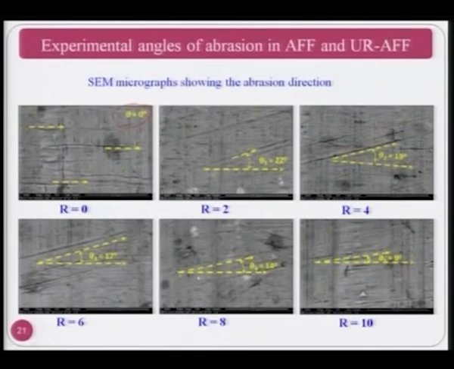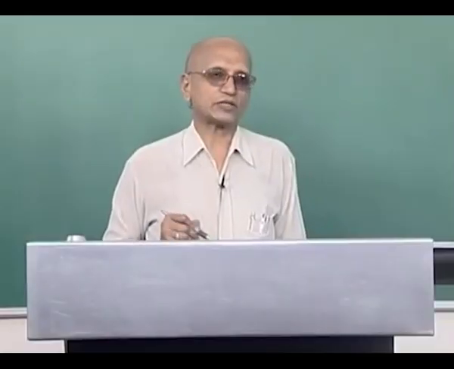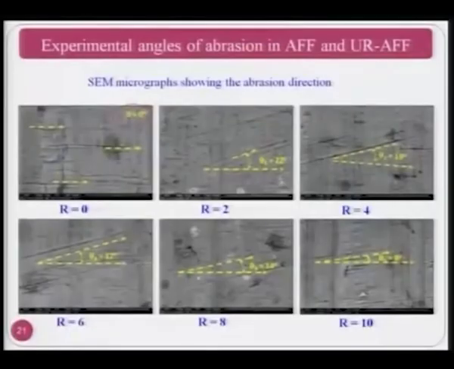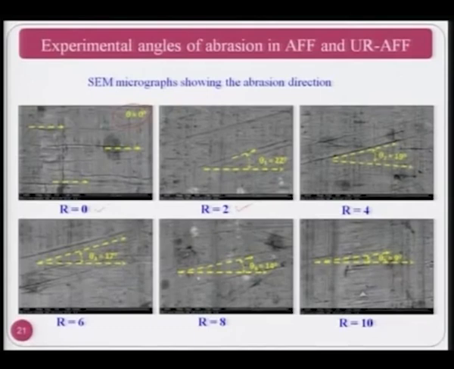Now as this angle is decreasing, the RPM or rotational speed of the workpiece is increasing. So you can see here initially it is 0 RPM, 2 RPM, 4 RPM, 6 RPM, 8 RPM and 10 RPM. That means the cross hatch pattern angle is also changing, as is very clearly visible from the photographs taken of the finished surface.